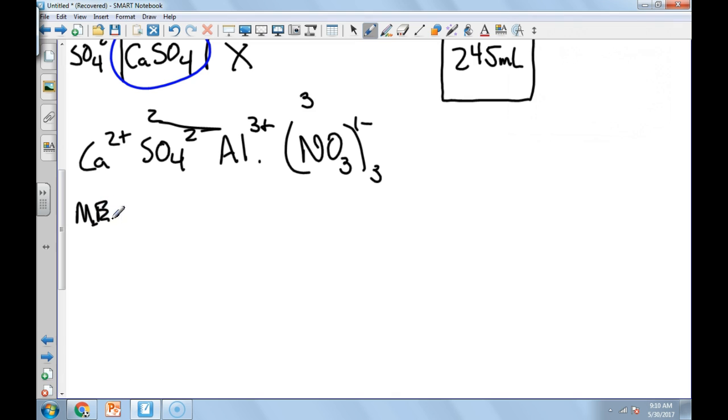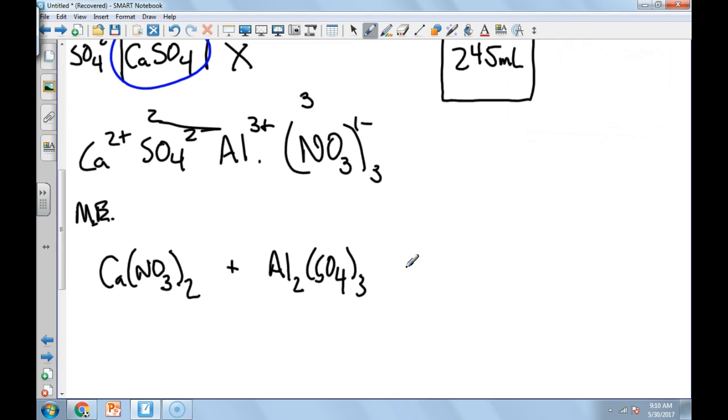So I'm going to label that ME for molecular equation. Okay, and we had Ca(NO3)2 plus aluminum sulfate, Al2(SO4)3. Maybe I won't run out of room here.